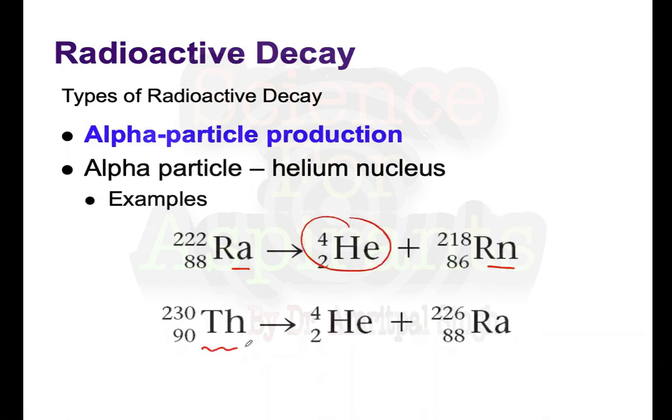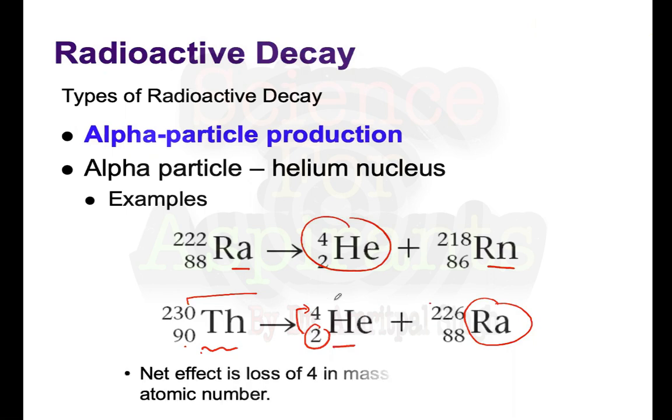Similarly, thorium is being converted into radium by the emission of an alpha particle. So when there is an emission of an alpha particle, the atomic number decreases by 2, while the atomic mass decreases by 4, because these 2 and 4 go to the alpha particle, and along with that some energy is also liberated.